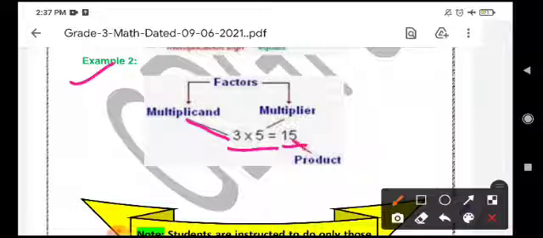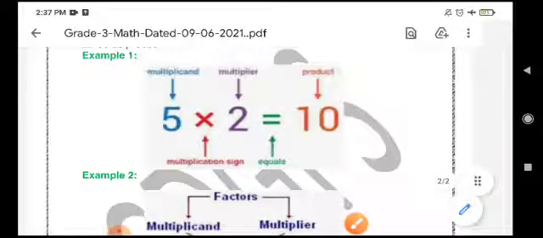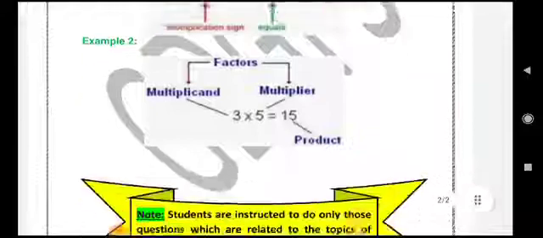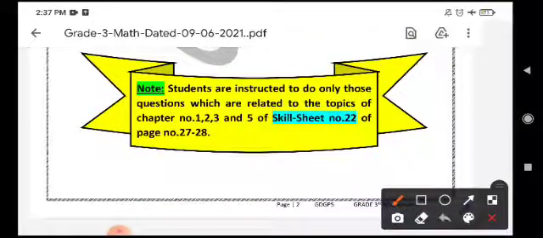And 15 is the product. Alright, this is how we can show these questions, these examples, in view of the terms multiplicand, multiplier and product.